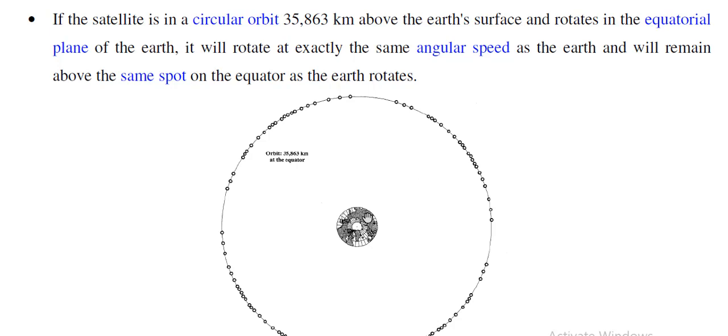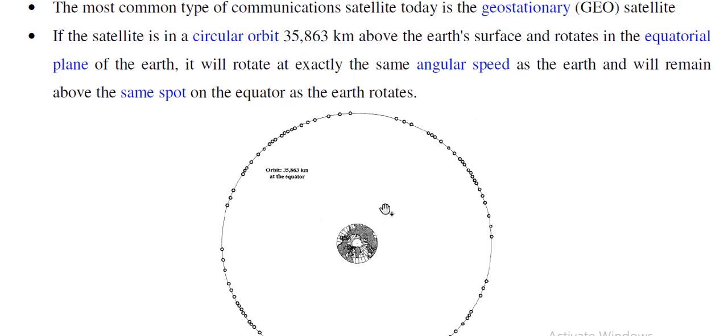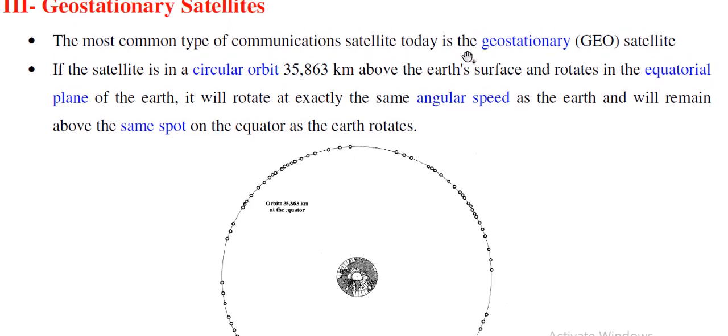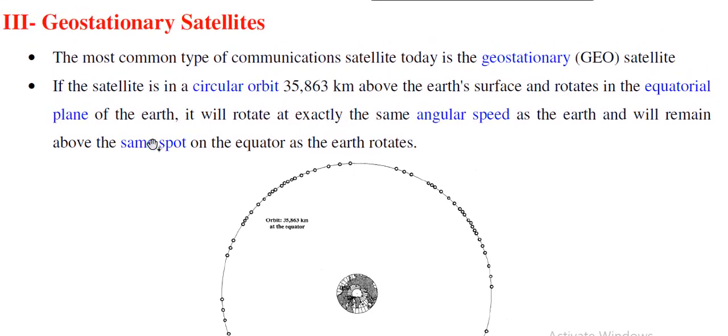So if somebody is on a certain point looking at a satellite, they will see it always stationary, which means that the satellite doesn't move compared to one point on Earth, and that's why they have the name of the geostationary satellites.